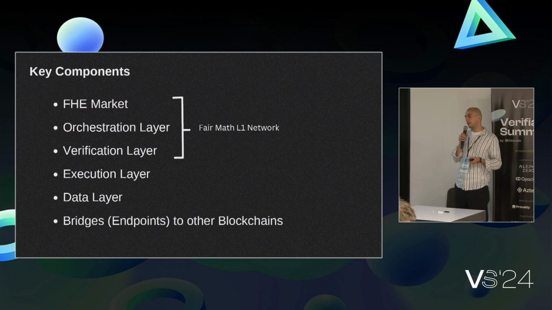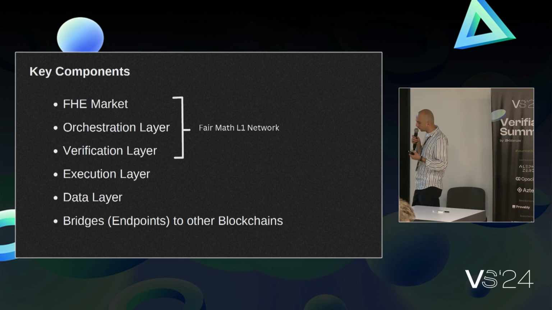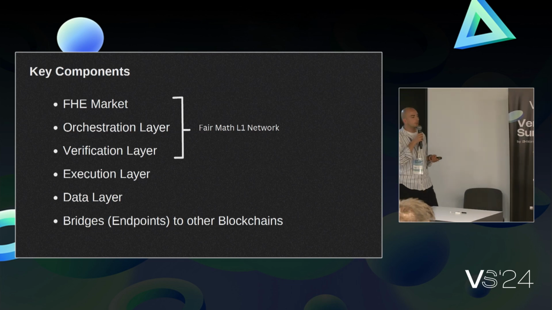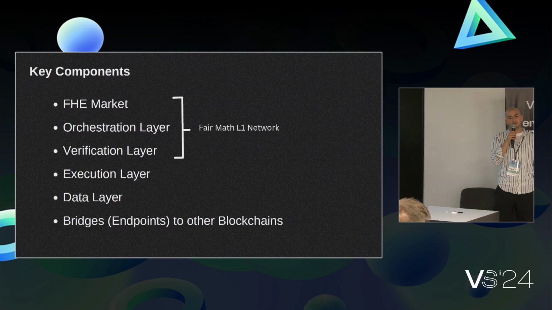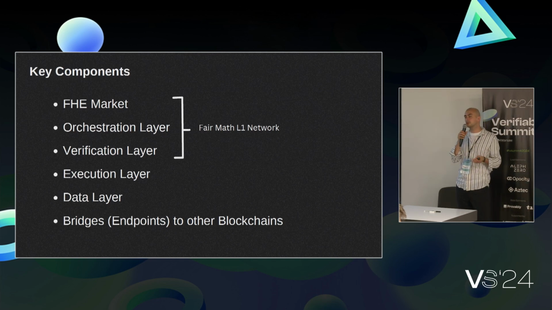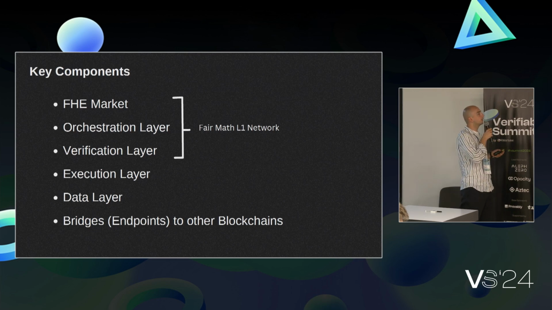The orchestration layer is one of the core components, because when someone tries to run your application, we have different amounts of different nodes, and we need to somehow orchestrate computation for the application. A little bit later, I will show how it works, but this is an important component.